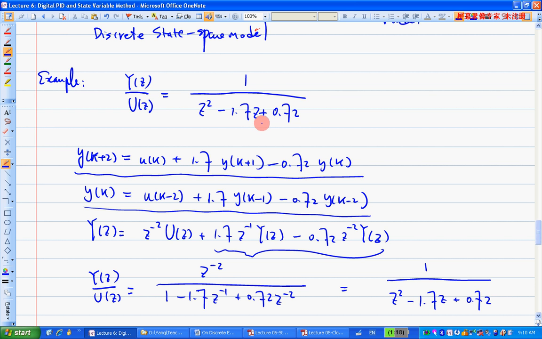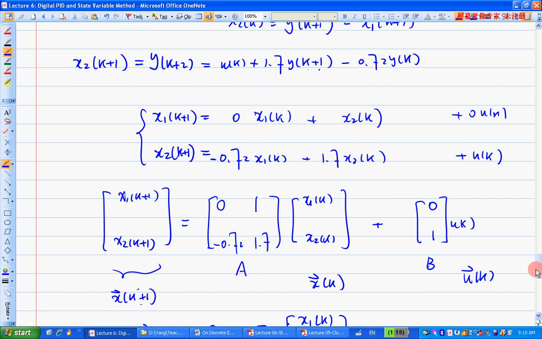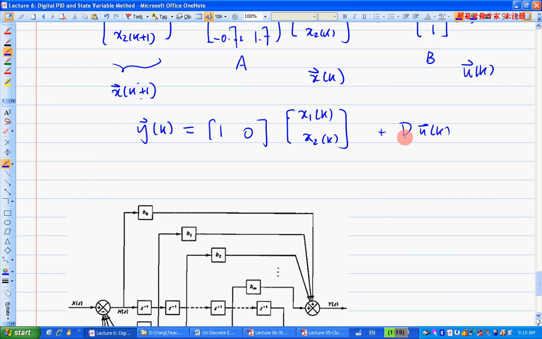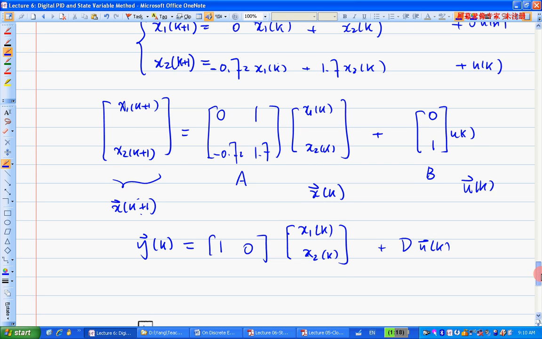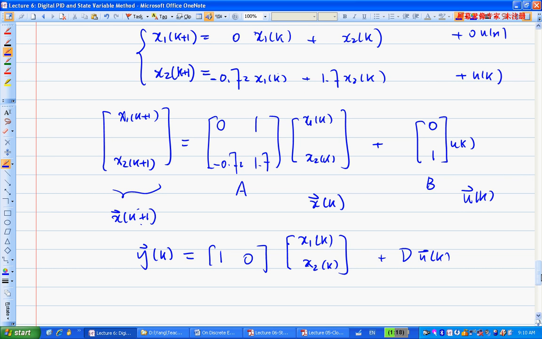So in this case, I don't have the d here. You'll see some cases where the d will show up. Okay, is that clear? So that's how you derive a state space equation here. So there's no d term.